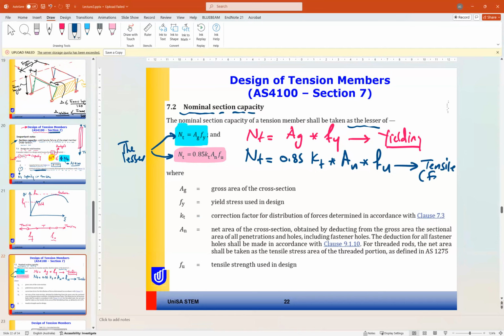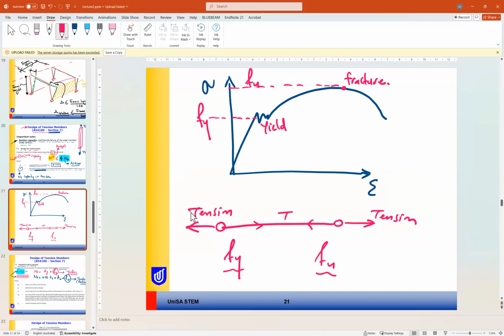Tensile or fracture. So these are the two criteria, or the two values, of the capacity of the member in tension. These two formulas are based on the diagram here of yielding and fracture.